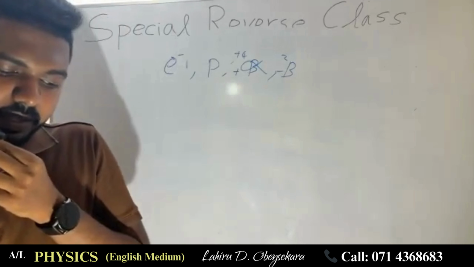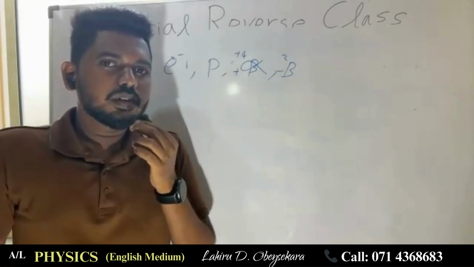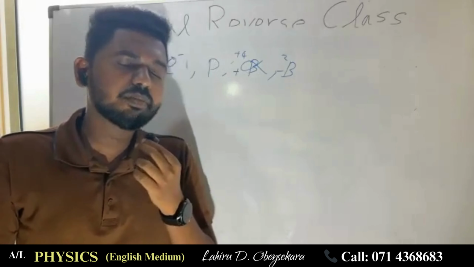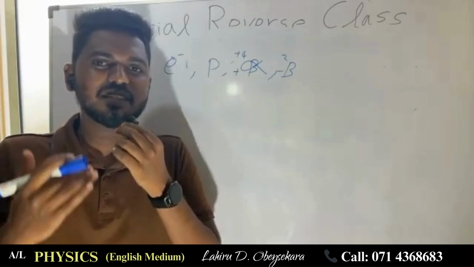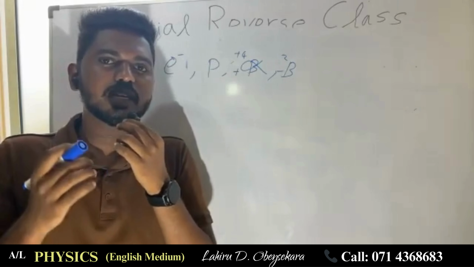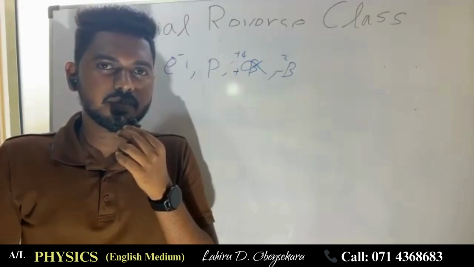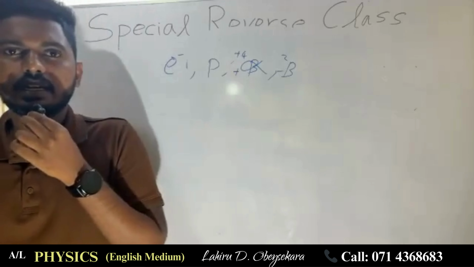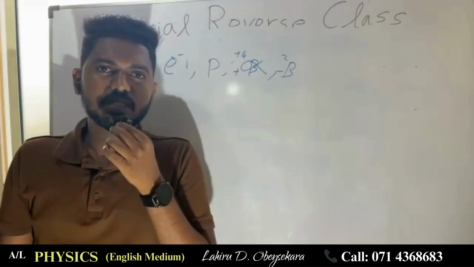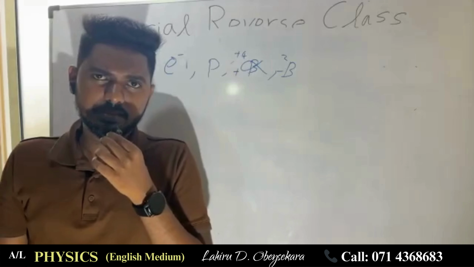So if we go to this point, first we have to categorize the materials in our environment according to the conductivity of this current electricity. You know there are many substances in our environment. In chemistry also you studied about these substances.